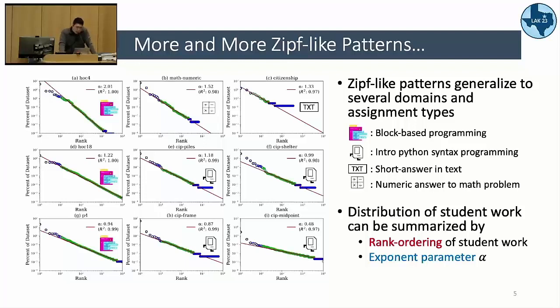For all of these assignments, we can take a look at the rank ordering. If we are able to infer the rank ordering for each assignment and the exponent parameter that determines the shape of the distribution, you can very roughly characterize this distribution even with these two pieces of information.